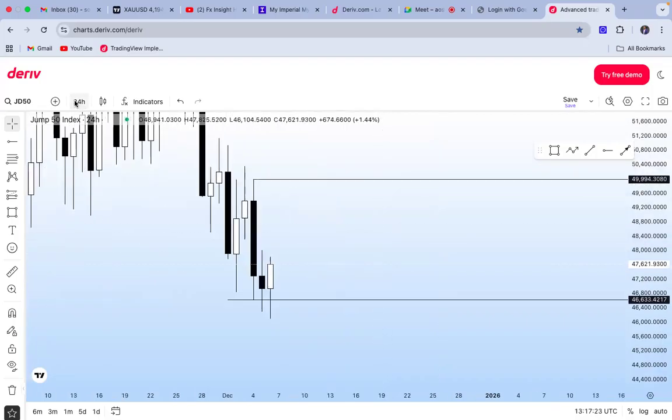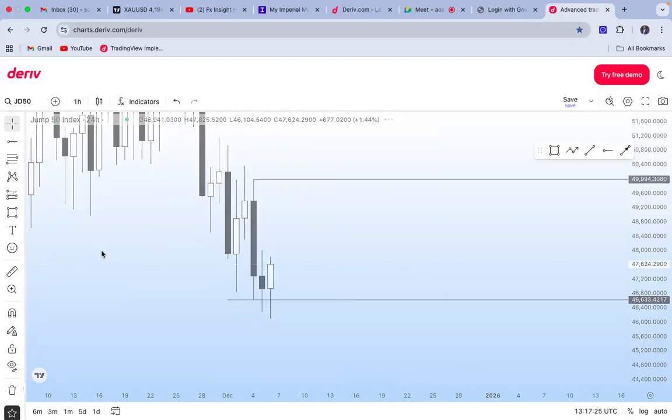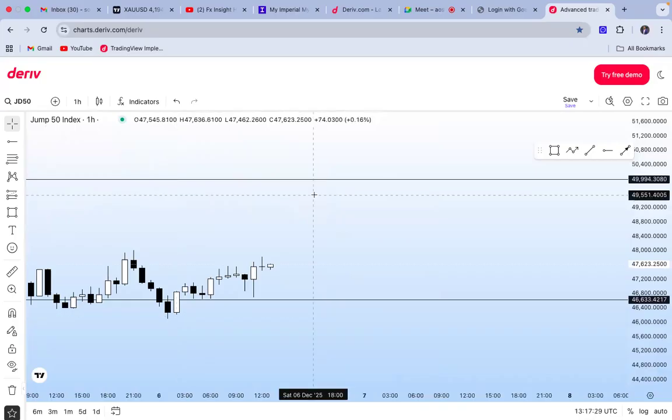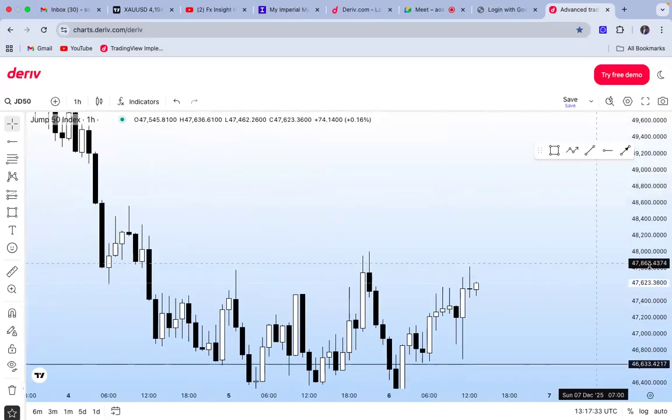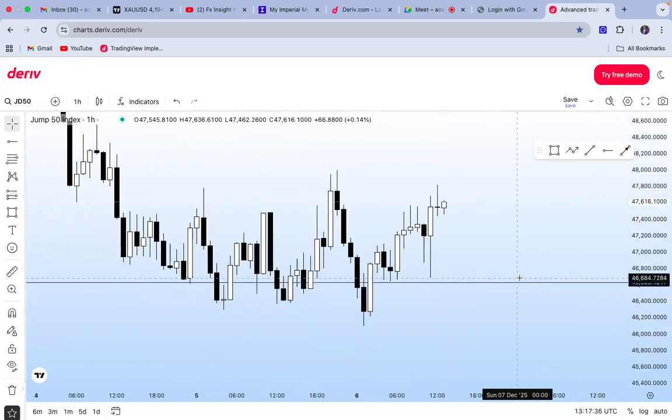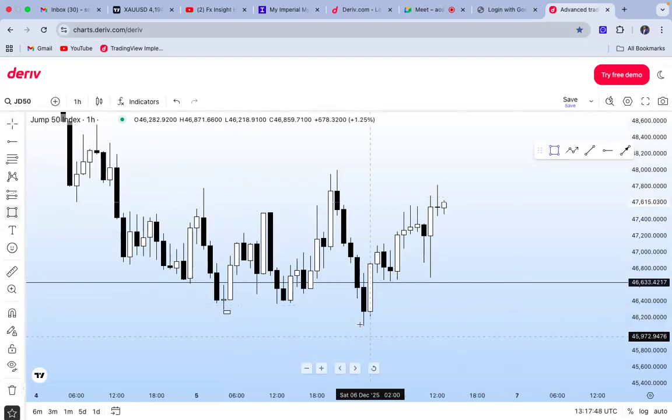So we had this, then we go to 1 hour for entry. You see it. This was the low from the sweep, and then this is the low from the current candle.